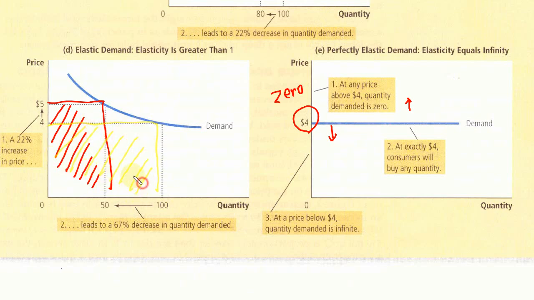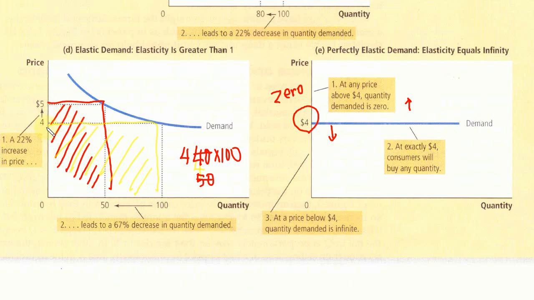So we will calculate here. Look at this: this one is 4 to 100. Let me calculate this area, and this area is reduced.